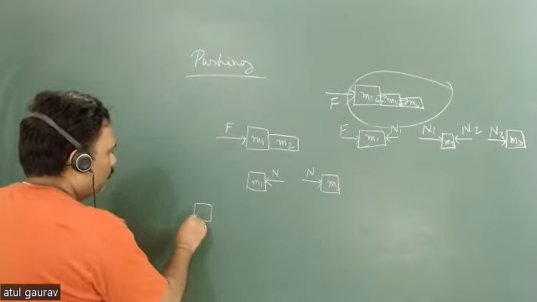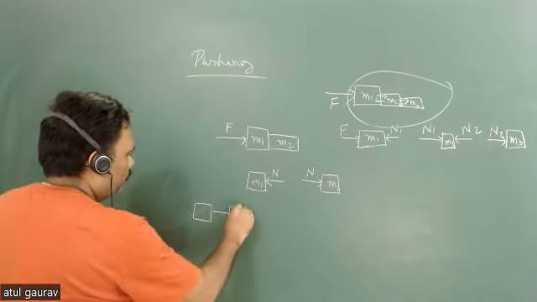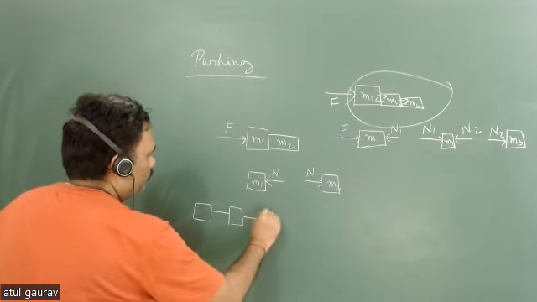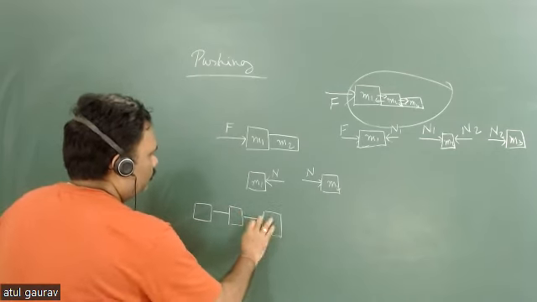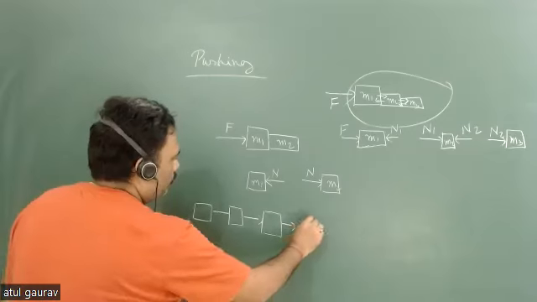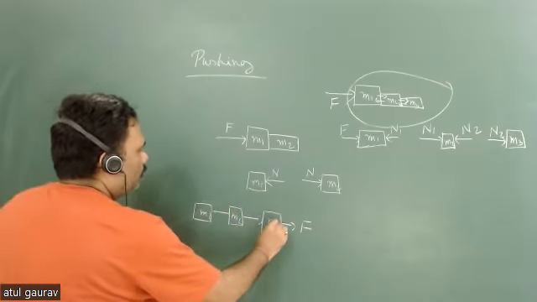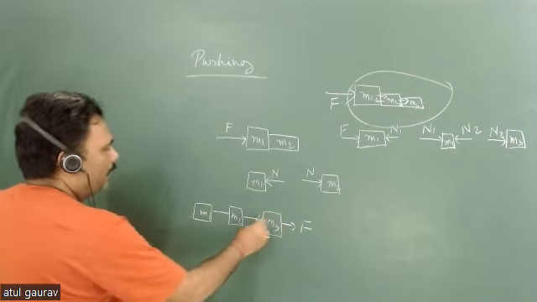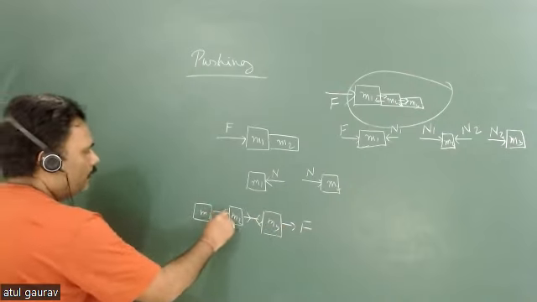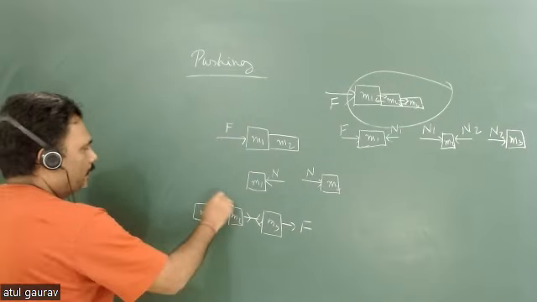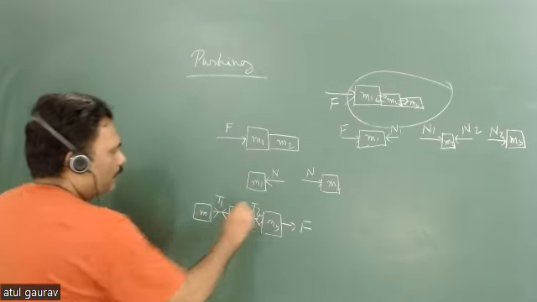Look here. Suppose you have F, this is your M1, this is your M2, this is your M3. So here is like this, here you have like this. Let's say this is tension T1, this is T2.